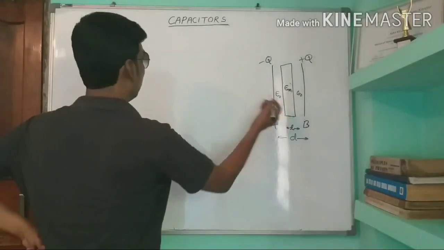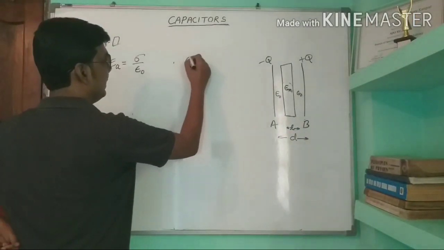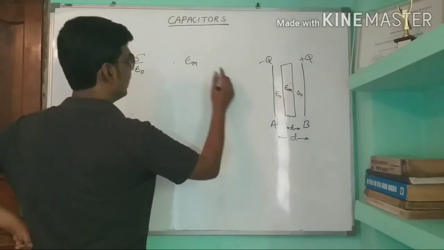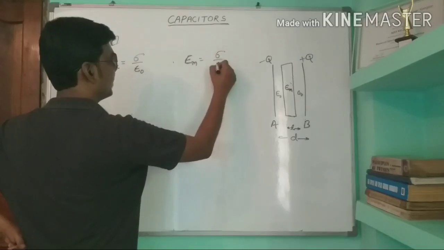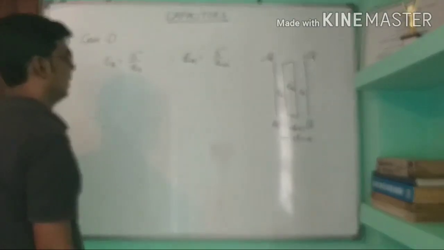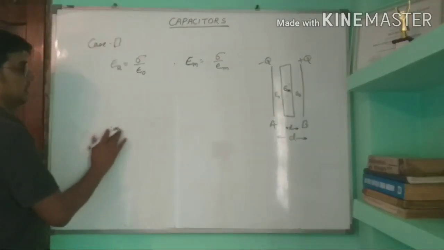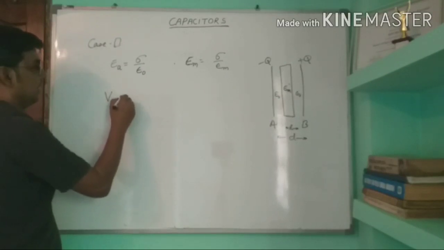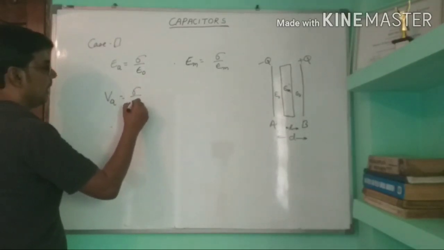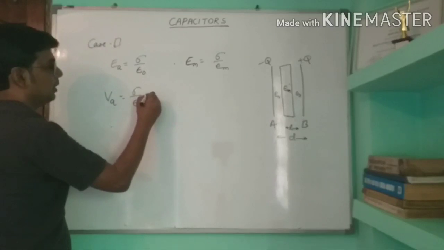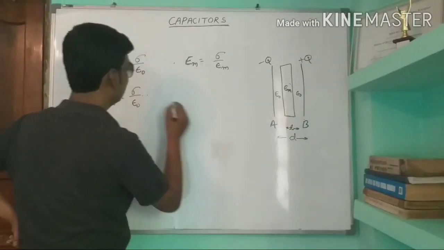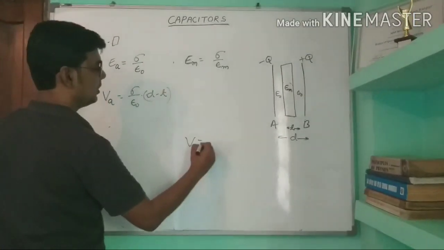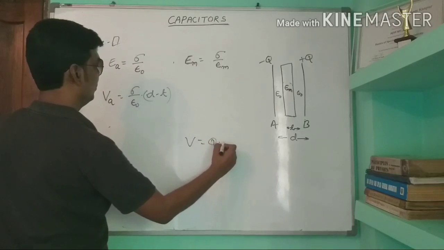Similarly, E m for this dielectric, the electric field intensity will be sigma by epsilon m. Now, what is the potential difference? V A is equal to sigma by epsilon 0 into the thickness. The free space thickness is d minus t.